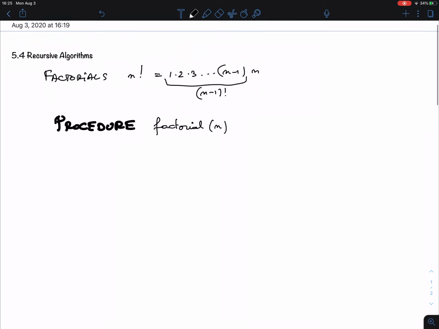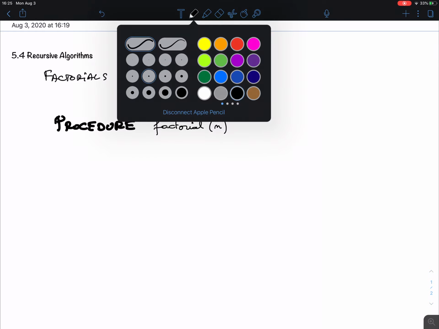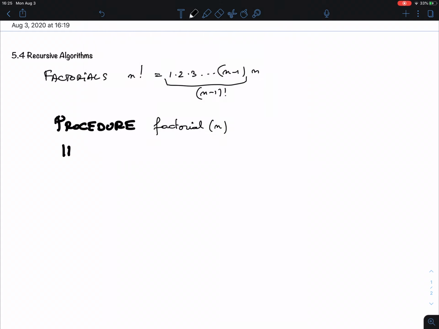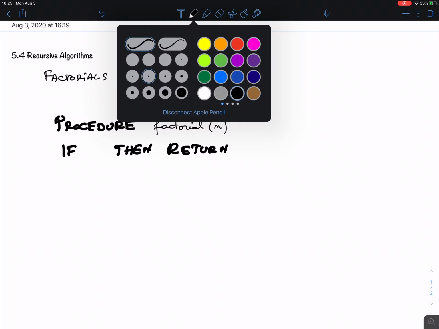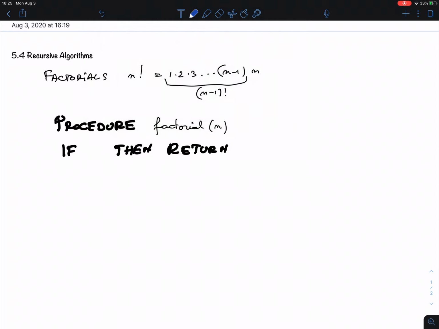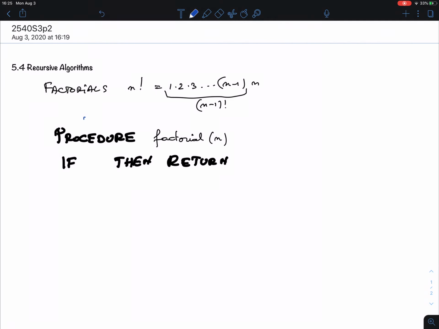Now, typical, of course, as we have seen for induction and for recursion, you have to start somewhere. So this is very often done with an if: if n is 1, that's the first case, return a value. In other words, you don't do any calculation in the initial step. If n is 1, you just give the answer: return 1, because that's what 1 factorial is.